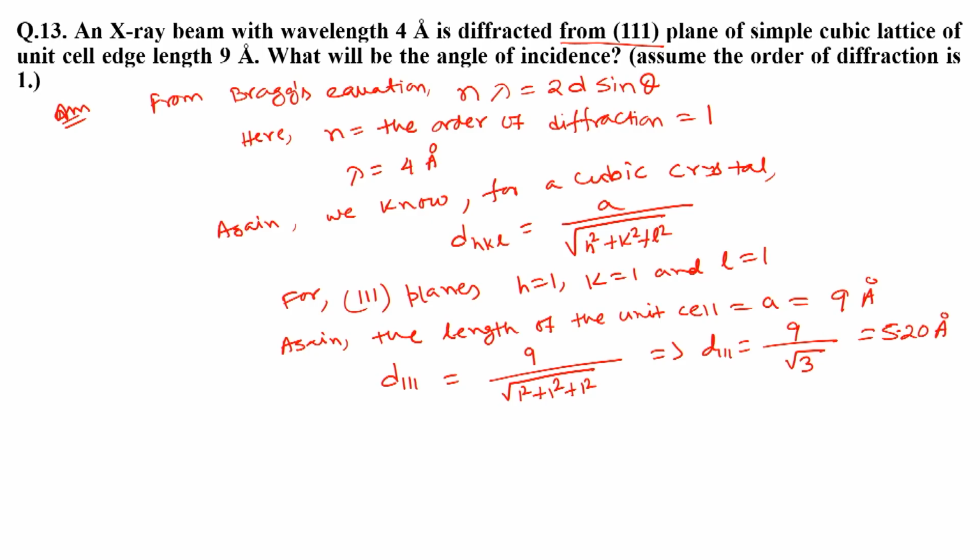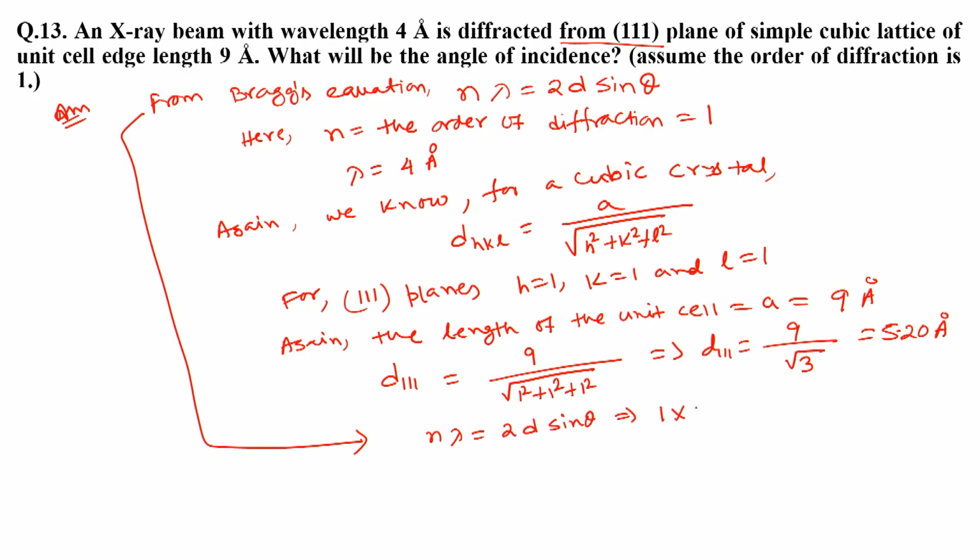So we got the value of d, we know the value of n, and we know the value of lambda. If we substitute all these values in the Bragg's equation, we can calculate the angle theta. So n lambda is 2d sine theta.